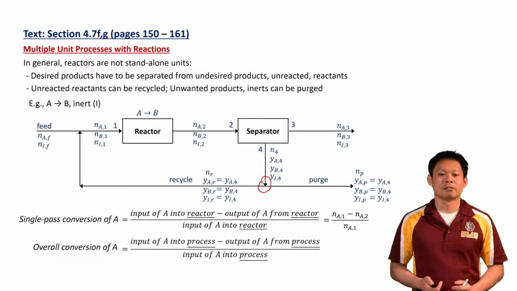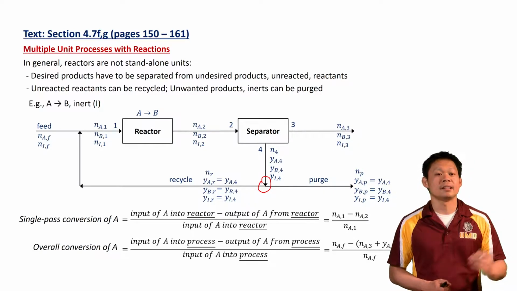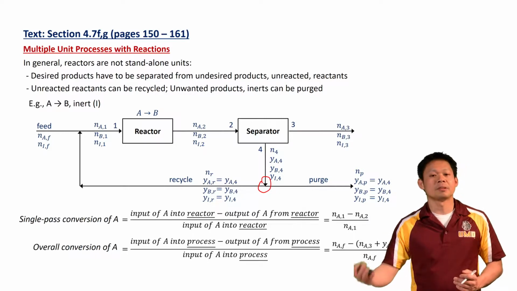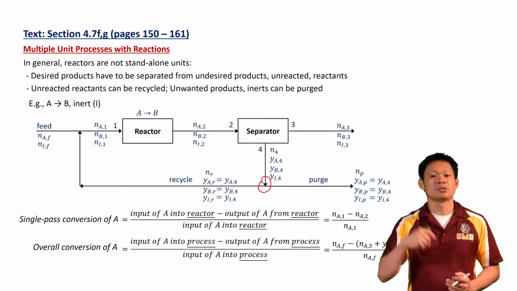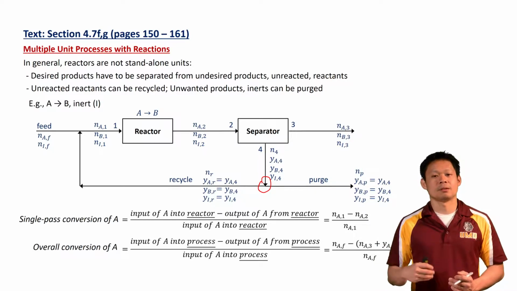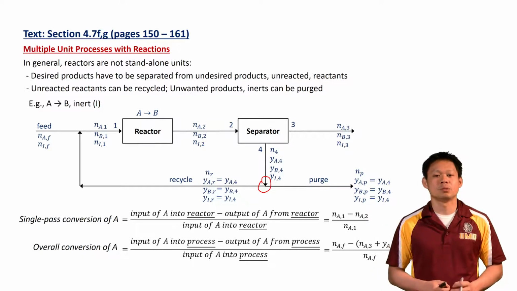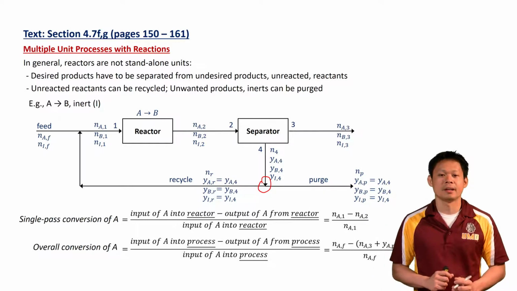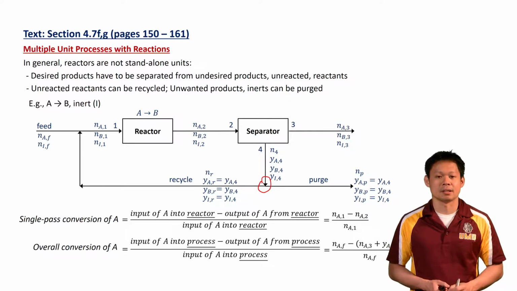Putting this in terms of variables we have listed, what is coming into the process is NA in the feed. What is coming out of the process, in this case, is coming out in two places: in our product stream, stream 3, as well as our purge stream. And so you have two variables there for the output of A from the process, and then you're going to divide that by the input of A into the process.